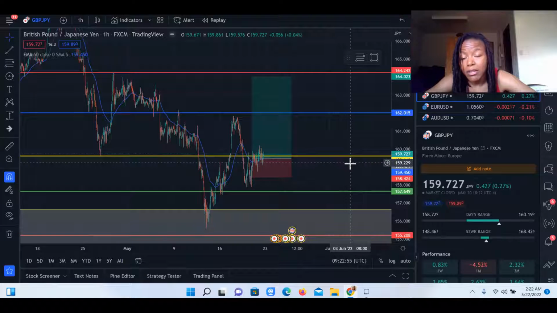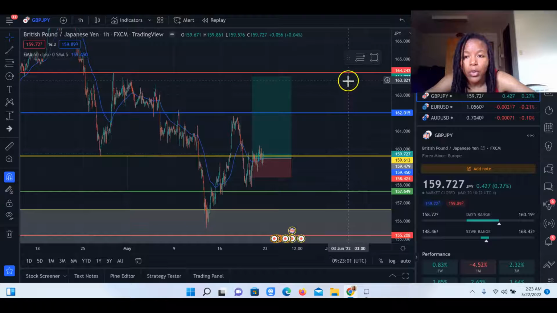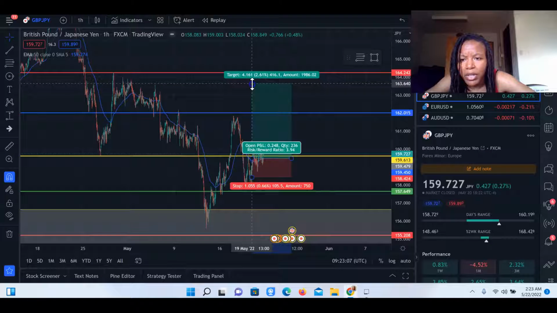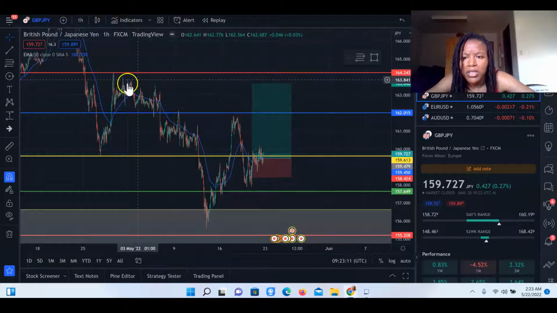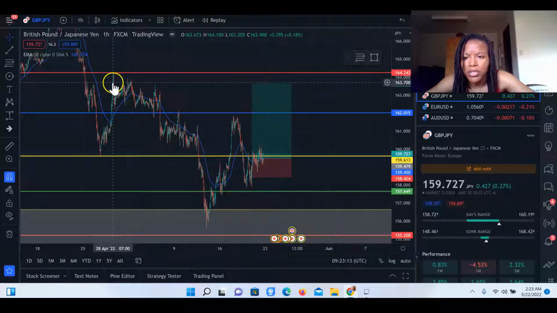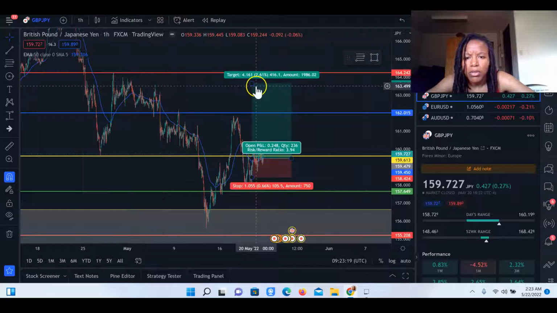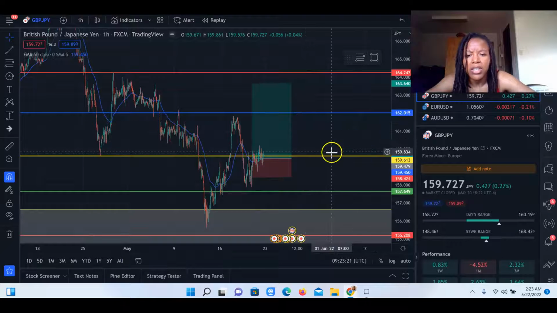So I am probably about 75% that it will reach our target. But to be safe, I would like to bring our target right here, because there's a lot of noise up in this area. You see that price wicked once, 2, 3, 4, 5 times, so it's gonna be sticky over there.